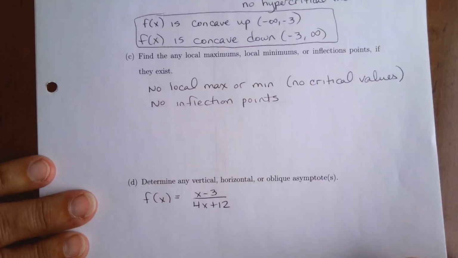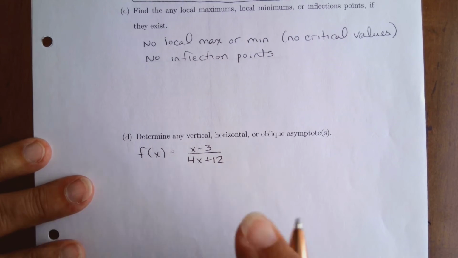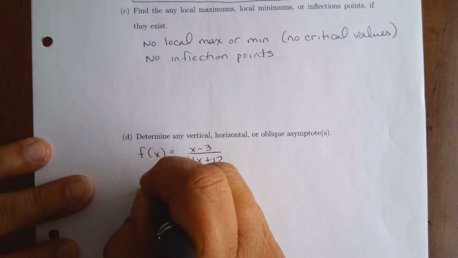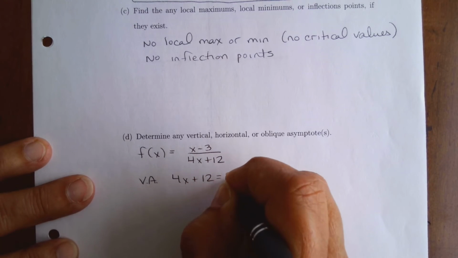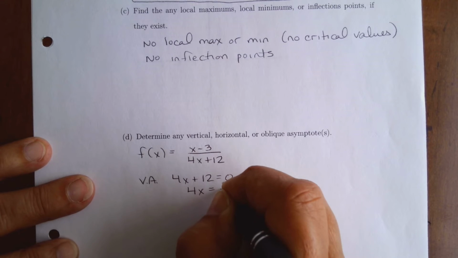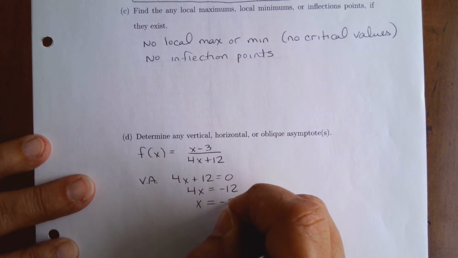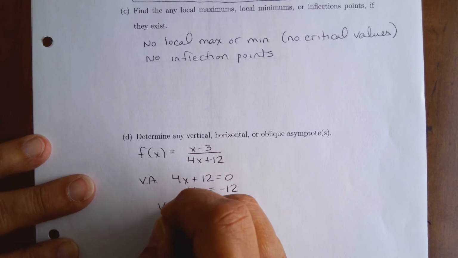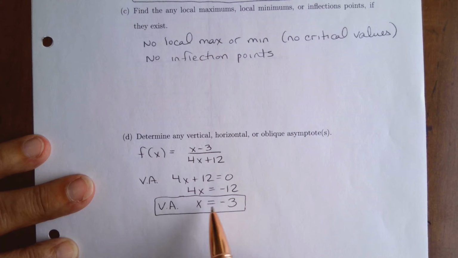For vertical asymptotes, set this equal to 0 and solve. So 4x plus 12 equals 0. 4x equals negative 12 when you move that over. x is negative 3. That's your vertical asymptote. That's why we can't use it. It's an asymptote. Remember, that's the number we took out of the domain.